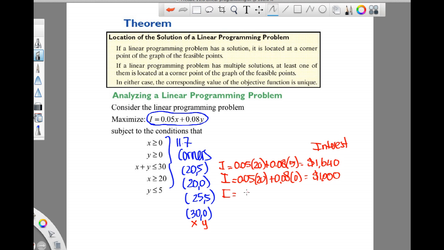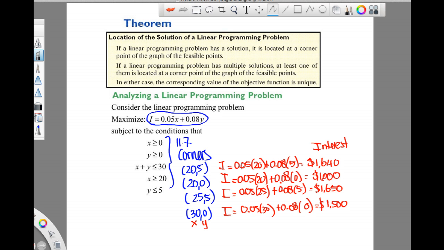Then when you use 25 and 0.08 times 5, you end up at 1,650, and the last one would be times 30, that's 1,500, and times 0 for the other.